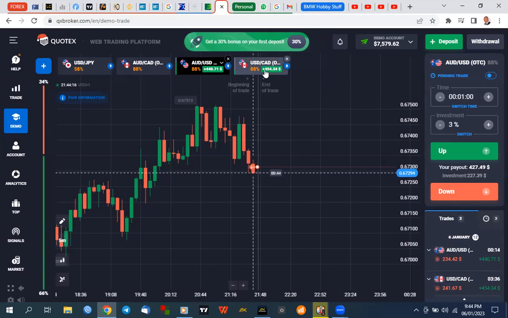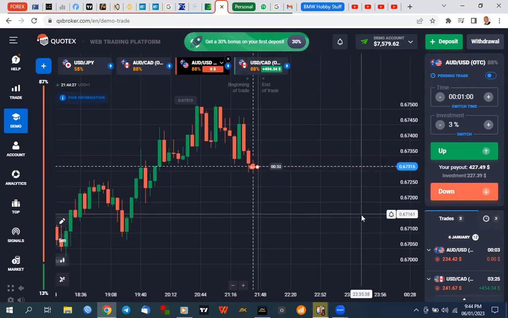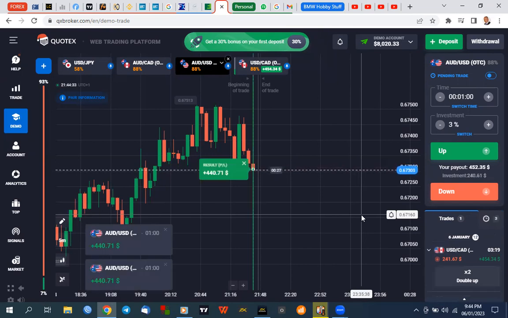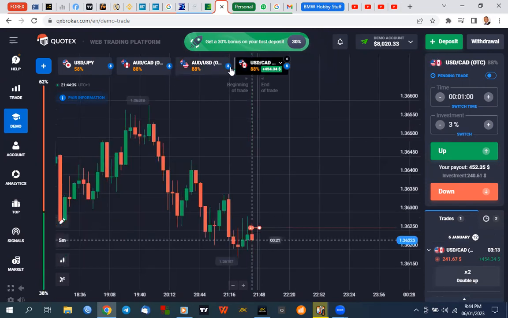Just like this one. This is a 1 minute trade that is about to close. It will close in a few seconds in profit. There you go. So for this one that hasn't closed, you can see it is giving you a gauge of the amount of time.